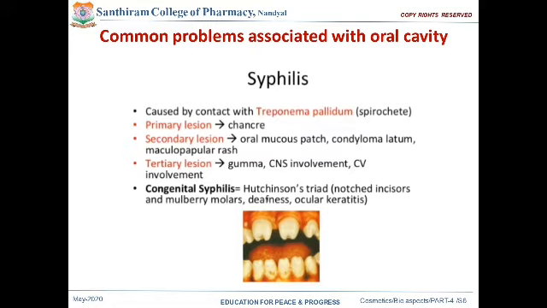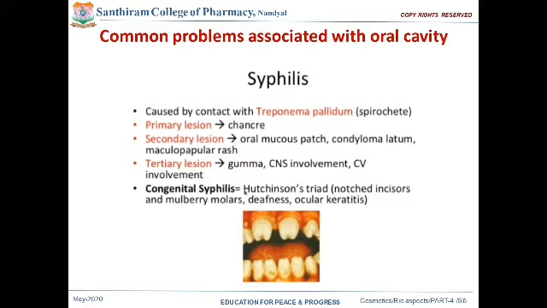So more of a systemic effect at this point as being a tertiary lesion. Now, congenital syphilis, I kind of listed it like a syndrome. It's not technically a syndrome, but with congenital syphilis you see Hutchinson's triad, which includes notched incisors, which I pictured here, and mulberry molars.